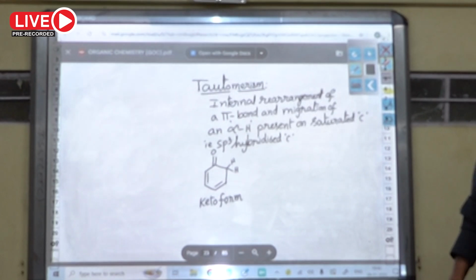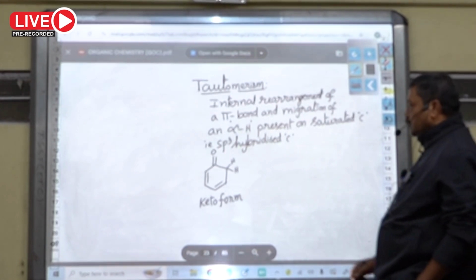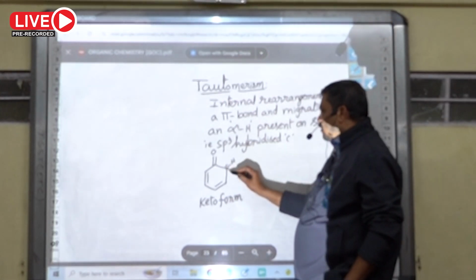In the keto form, the carbon adjacent to the carbonyl group, C double bond O, is called the alpha carbon.